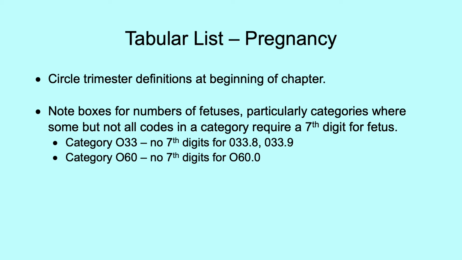In some categories, not all codes in that category will require a seventh digit for the fetus. So mark those out. Make some kind of mark, whatever works for you, circle it or whatever, that these do not require a seventh digit. In category O33, no seventh digits for O33.8 or O33.9. In category O90, no seventh digit for O60.0. So that's important because it gets so confusing.